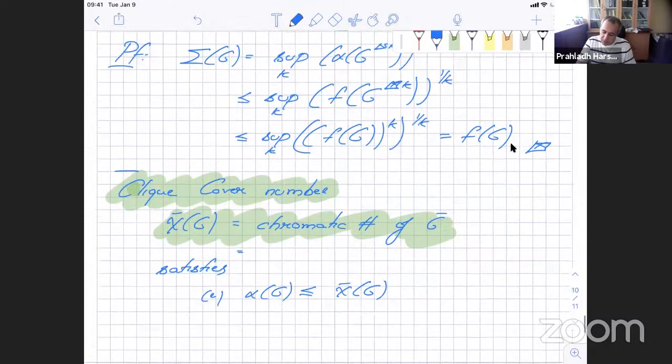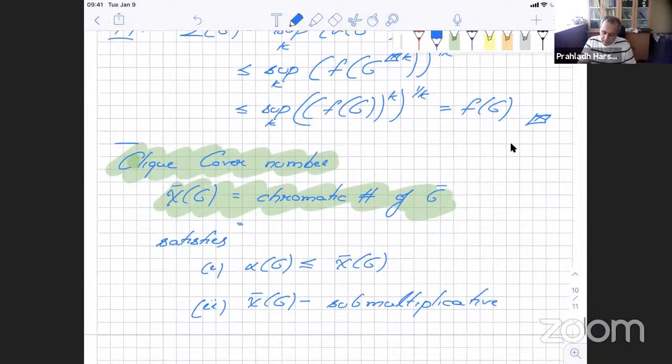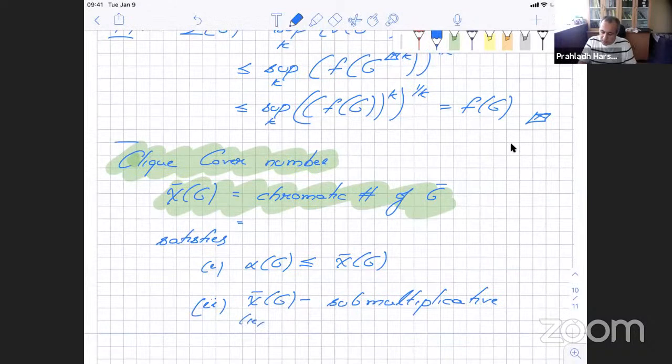But I want to claim chi prime G is actually submultiplicative. That is, chi prime of G strong product H is less than or equal to chi prime G times chi prime H. And this is for obvious reasons.